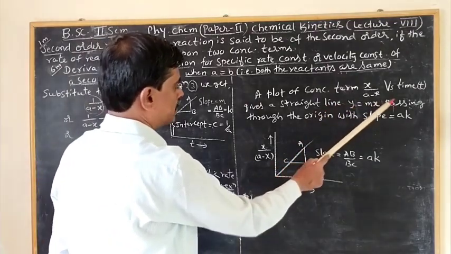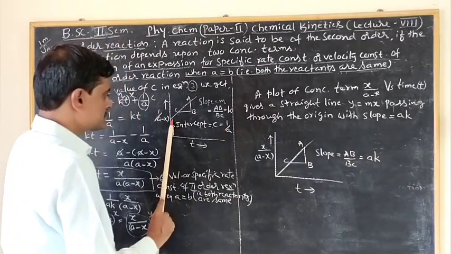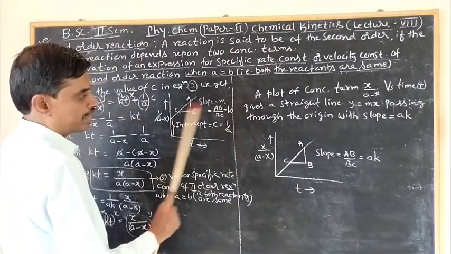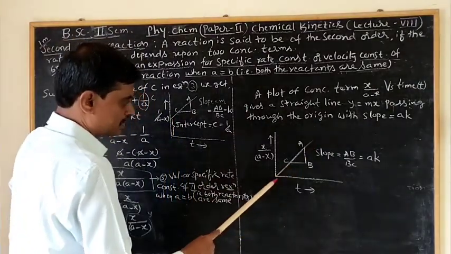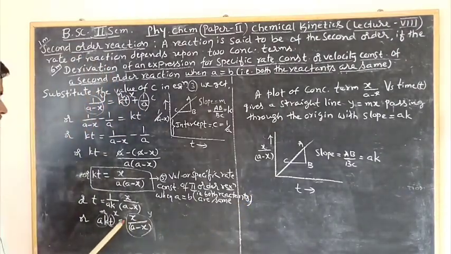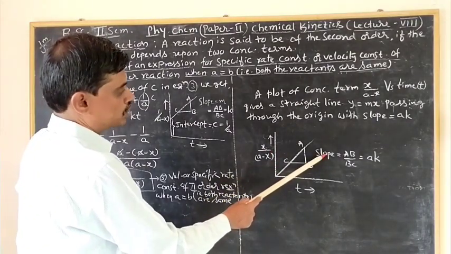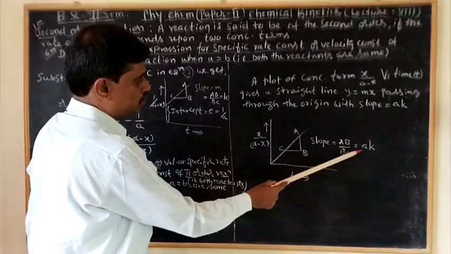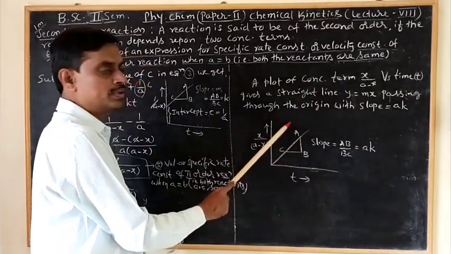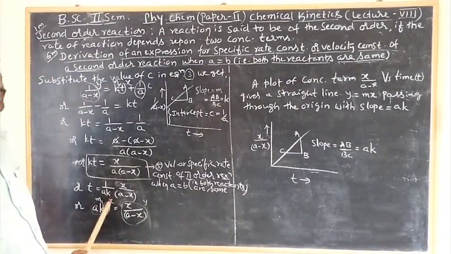The important thing is that this straight line passes through the origin, because there is no intercept term in the expression. The slope is again AB by BC, which is equal to Ak. This is another form of straight line from another form of this equation.